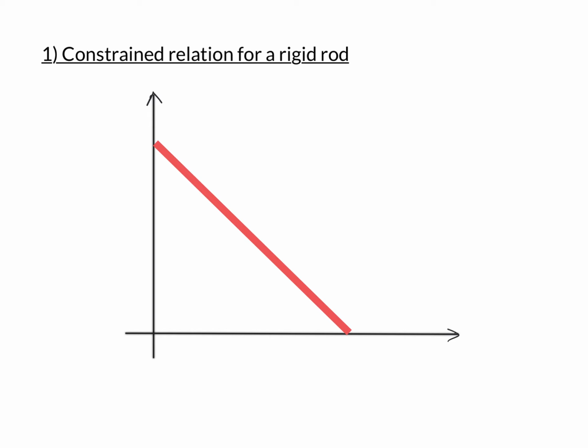Over here we are considering a rigid rod of length L, which is kept in contact with a smooth vertical and horizontal surface, and let's say at this instant it's making an angle theta with respect to the horizontal. Now assume that this end, let's say end A, is at a distance y from the origin, and this end B is at a distance x from the origin.